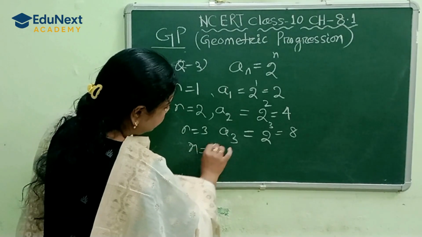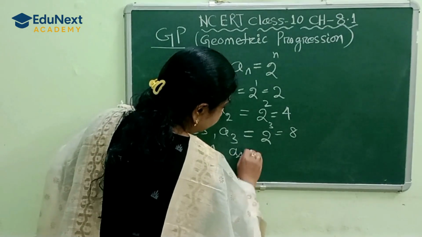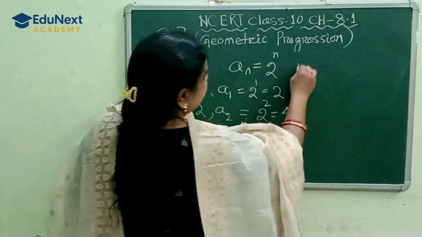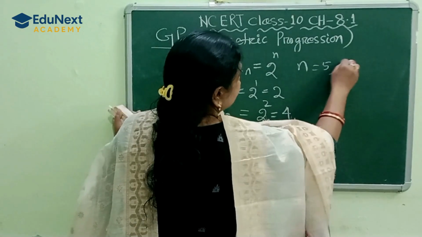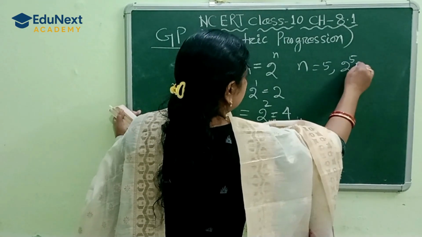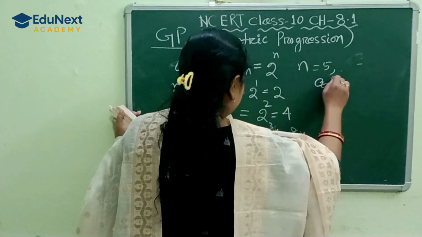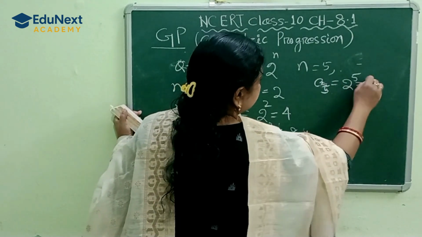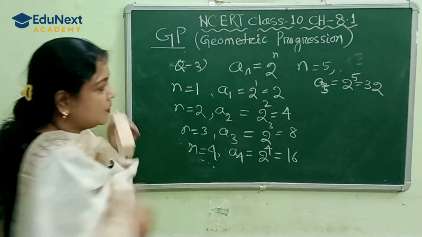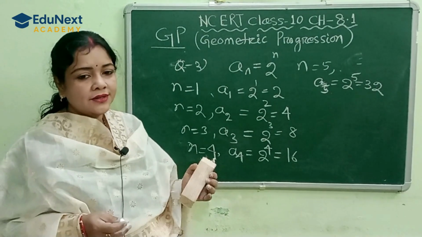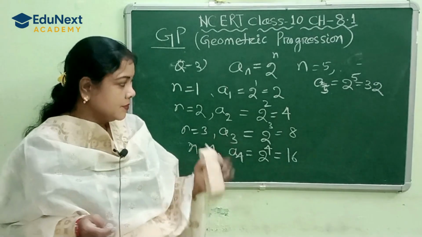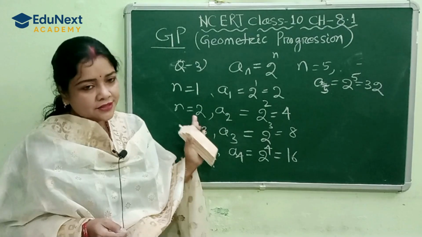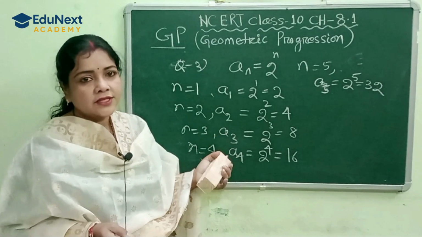At n equal to 4, a4 is 2 to the power 4, that is 16. At n equal to 5, a5 is 2 to the power 5, that is 32. Now you see how easy it is to solve this. I hope you will easily find such kinds of terms in a GP.